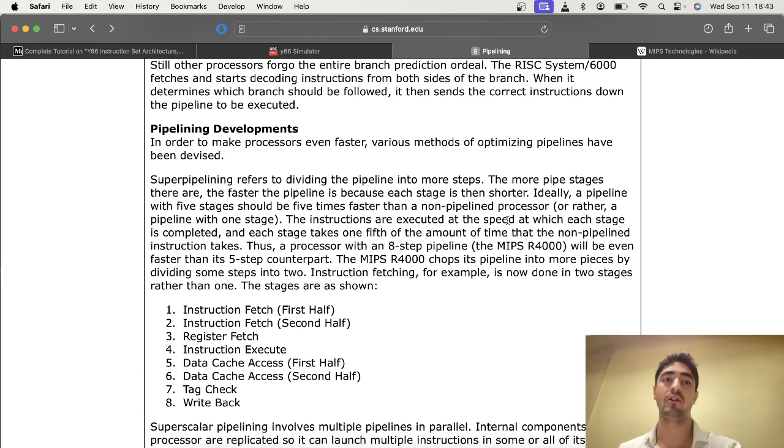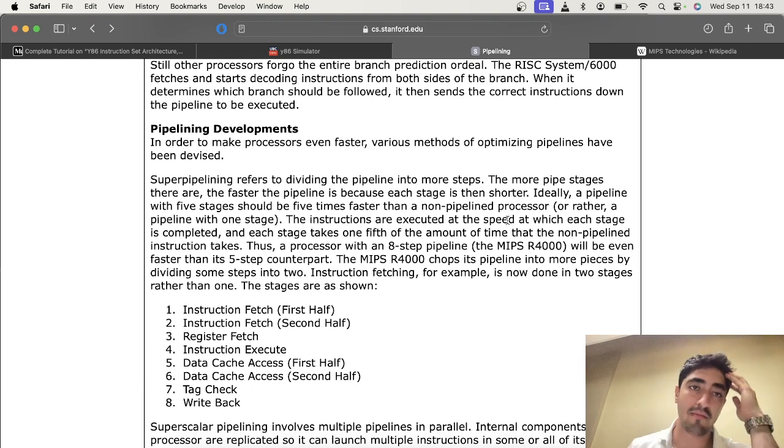All right, let's read from up there. Super pipelining refers to dividing the pipeline into more steps. The more pipe stages there are, the faster the pipeline is because each stage is then shorter. Ideally, a pipeline with 5 stages should be 5 times faster than a non-pipeline processor, or rather a pipeline with 1 stage.